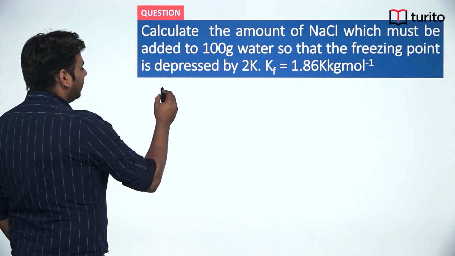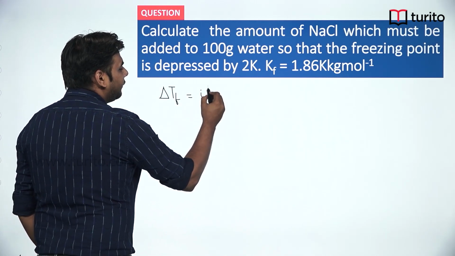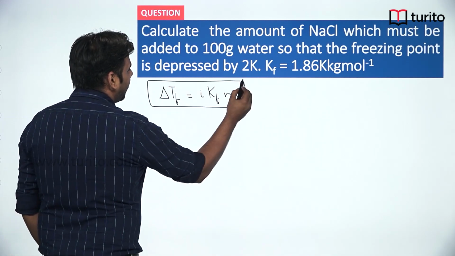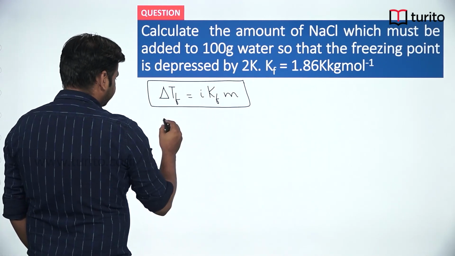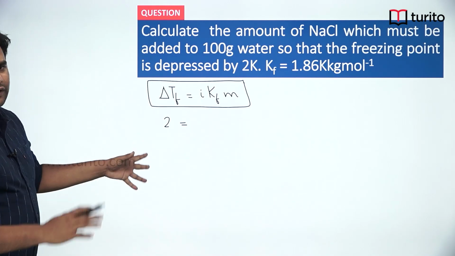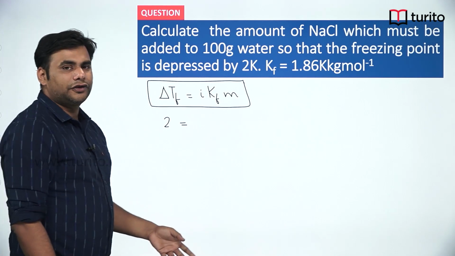So we know that delta Tf is i Kf into m. Now depression delta Tf is given as 2. i is not given over here. So we'll say that we have added NaCl. Its degree of dissociation is not given.